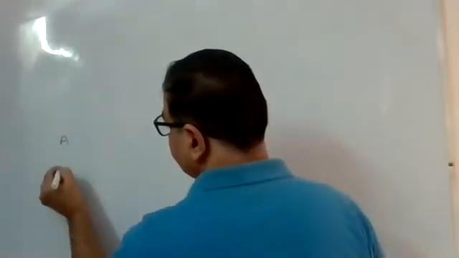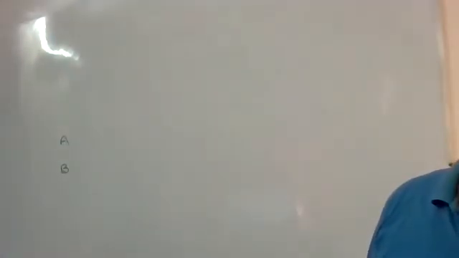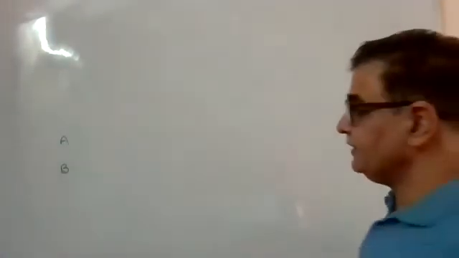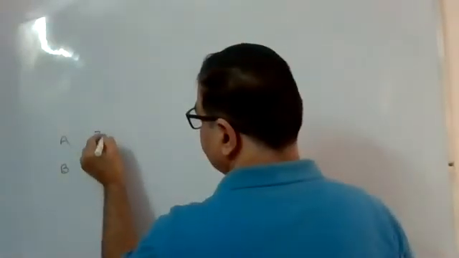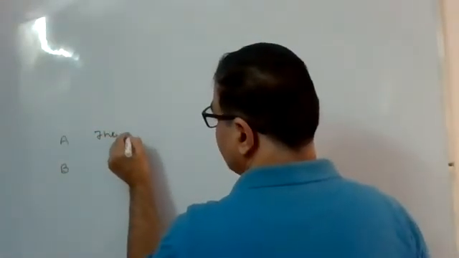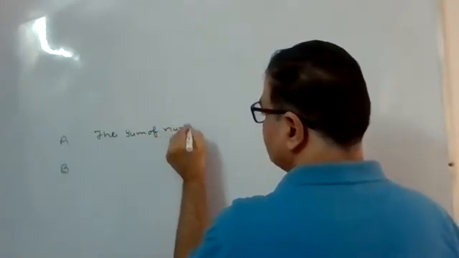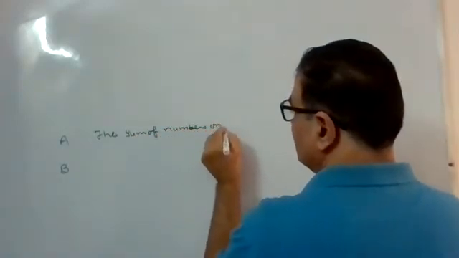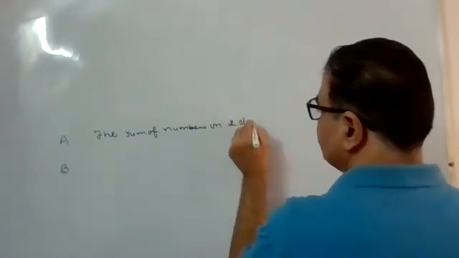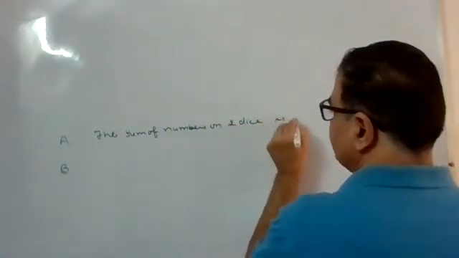Where A is the event: the sum of the numbers on two dice is 8.